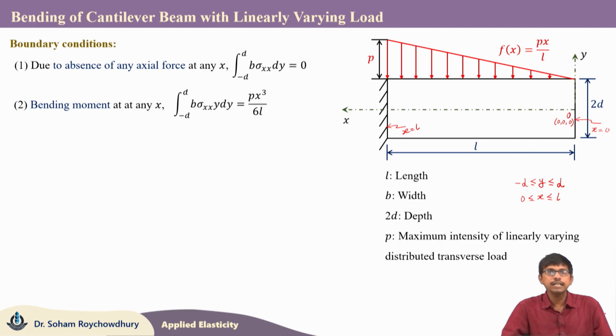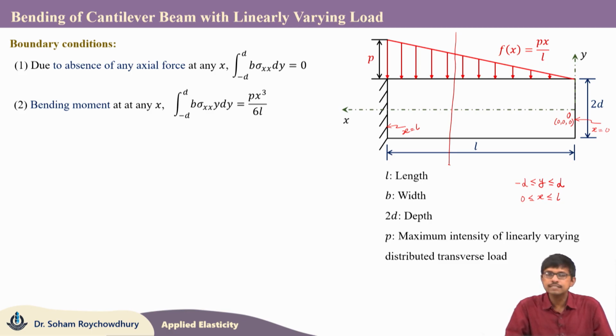Now, coming to the next boundary condition, that is bending moment at any x. So, if you are considering any x, let us say somewhere here. Now, what would be the bending moment? The left hand side expression is M equals to integral b sigma xx y dy from minus d to plus d.